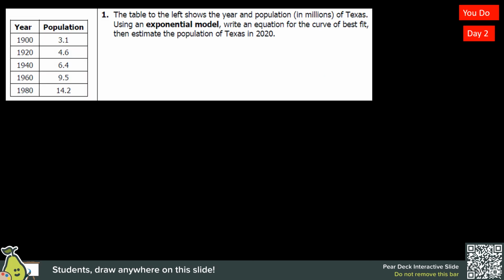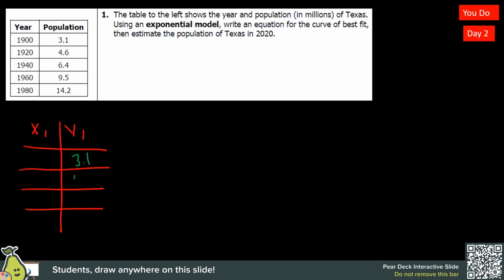So this being your problem, it is the exact same idea here, but when you're putting in your table, your x1 and your y1, your y values stay the same. So we're going to say 3.1, 4.6, 6.4, 9.5, and 14.2.